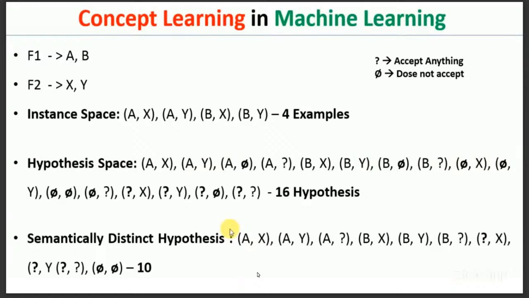If you add question mark and null to each and every column, you will get AX, AY, A null, A question mark, BX, BY, B null, B question mark, again null X, null Y, null null, null question mark, question mark X, question mark Y, question mark null, question mark question mark. These are the possible ones. Now, the semantically distinct hypotheses, from the meaning point of view, are unique: any hypothesis containing null is treated as the same. If you remove those, you will get fewer distinct hypotheses.